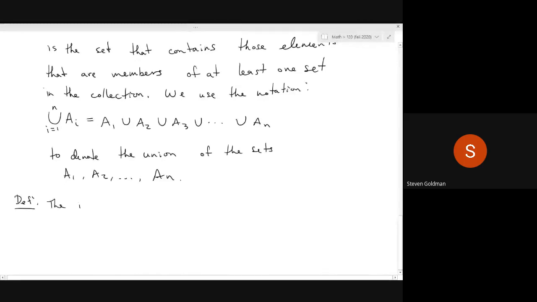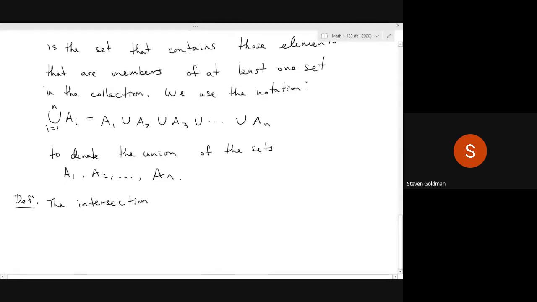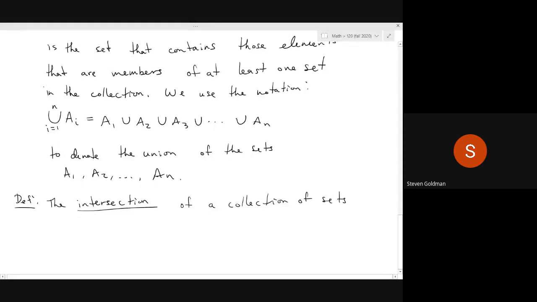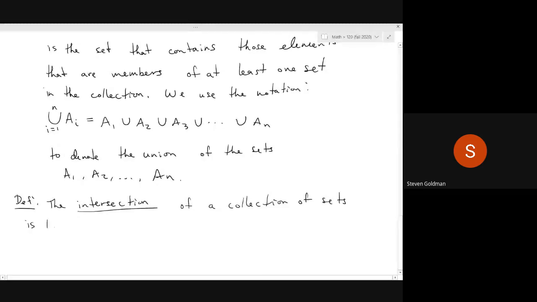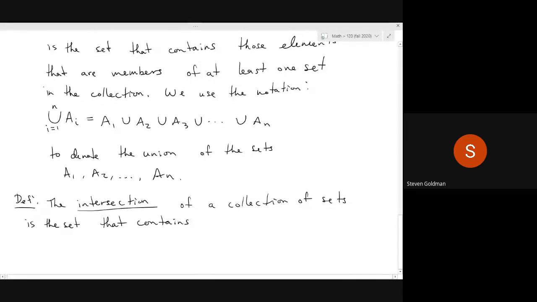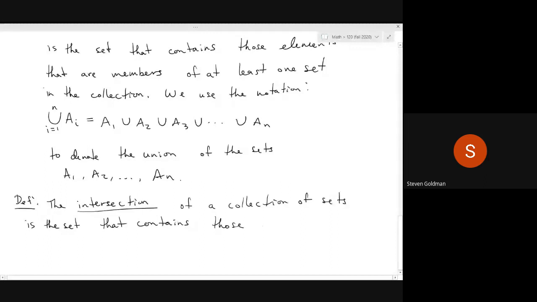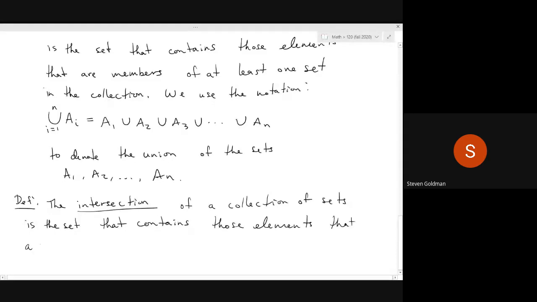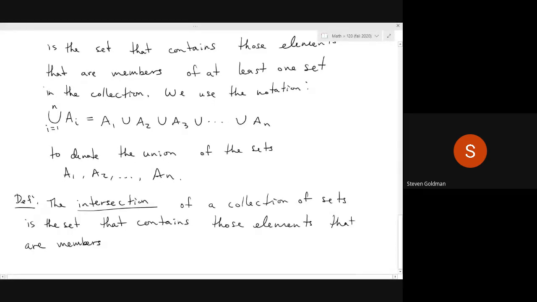The intersection of a collection of sets is the set that contains those elements that are members of all the sets in the collection.